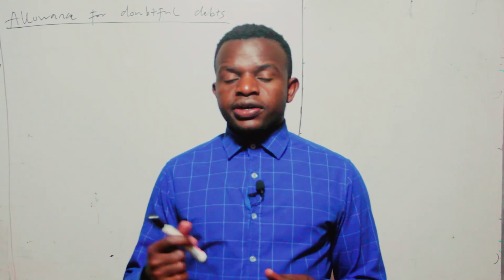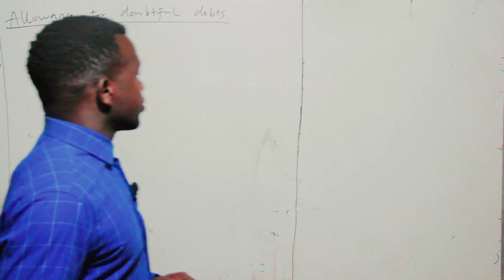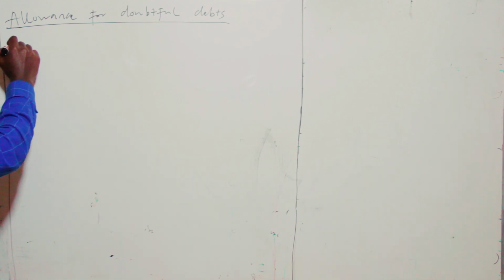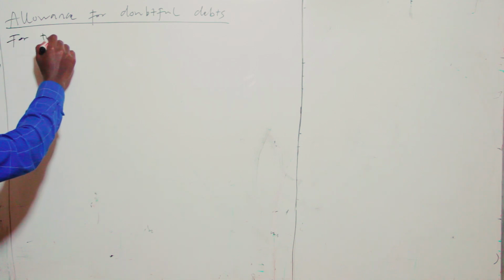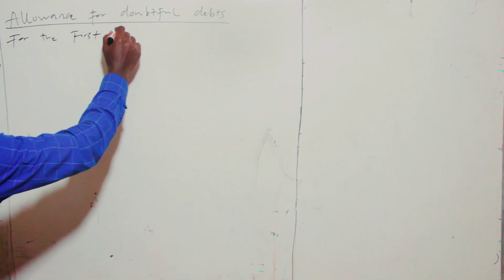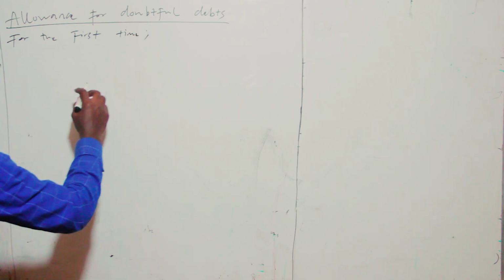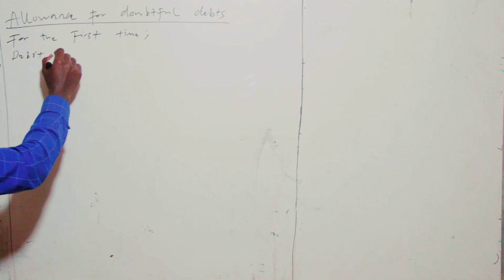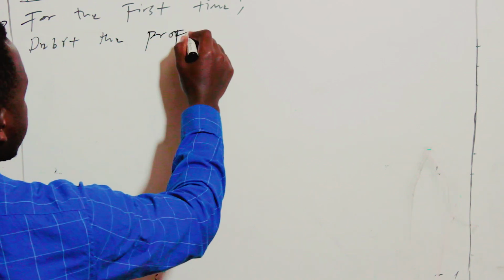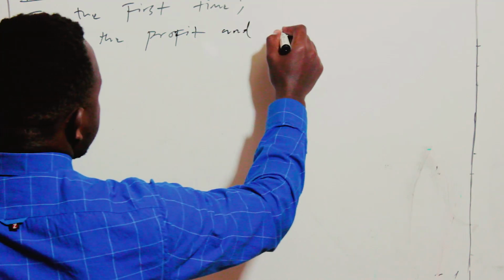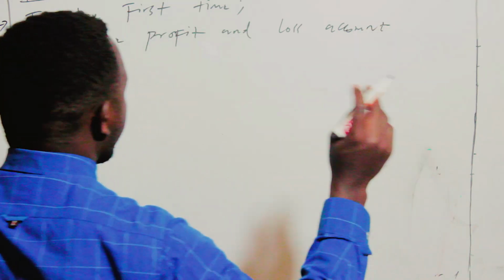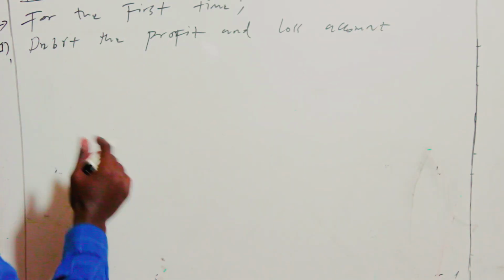So let us write down these points. We are looking at allowance for doubtful debts. If you're making this for the first time, what do we do? The first thing here, we're going to debit the profit and loss account with the figure of allowance for doubtful debts.